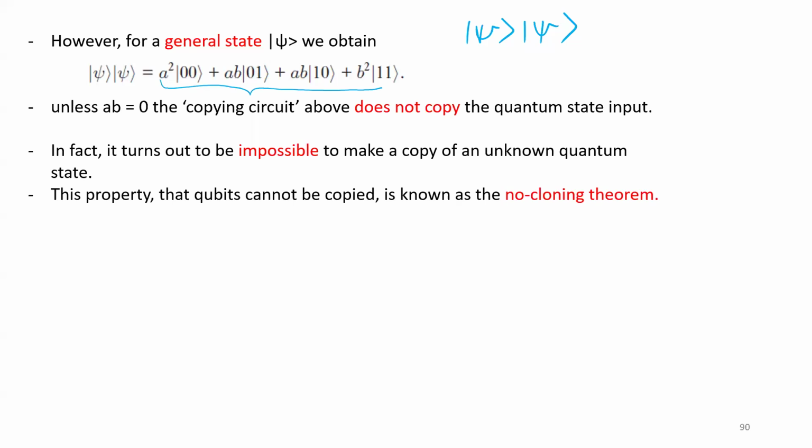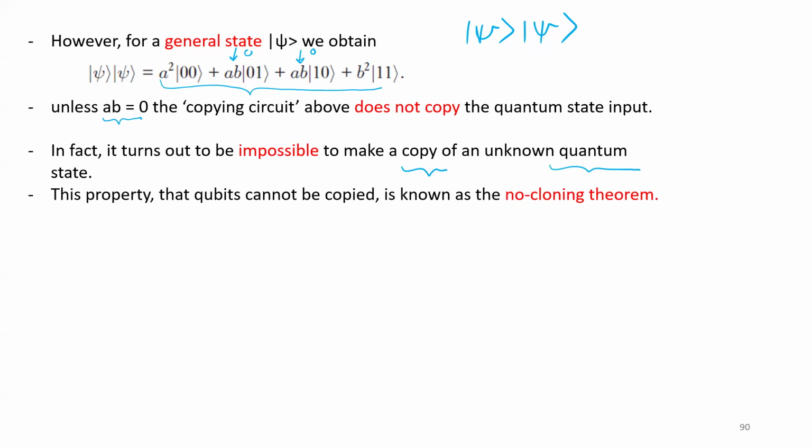But the thing is, you have to have AB equals 0. And that's what we got, actually. So this was 0, and this was 0. So we cannot actually make a copy of any unknown quantum state. It is impossible.